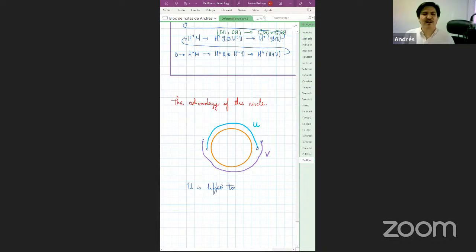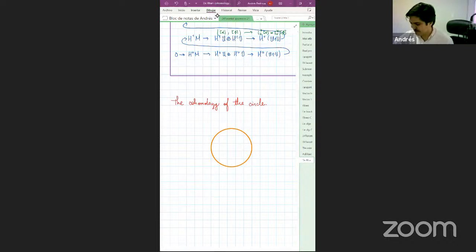I mean, remember, well, let me change it. Maybe you will be more happy if I do it this way. Because you know this very well. So let me change the U. U is all of the circle except one point. Let's remove the south pole.